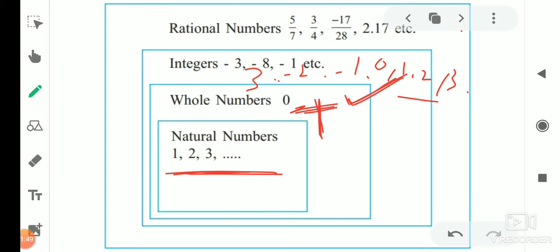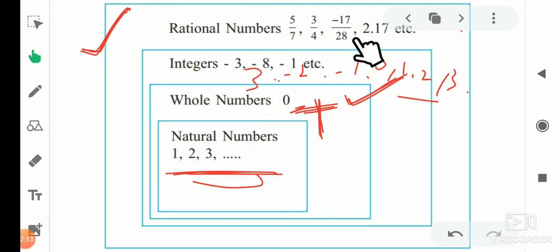Now let's take a union group, or the biggest group, that is the group of rational numbers that contains all types of numbers: integers are contained in the rational numbers, whole numbers are also contained in the rational numbers, and natural numbers are also contained in the rational numbers.